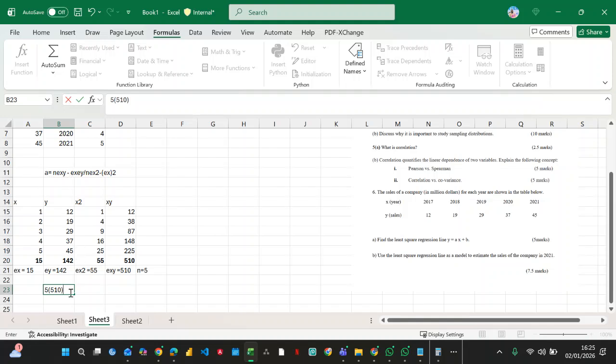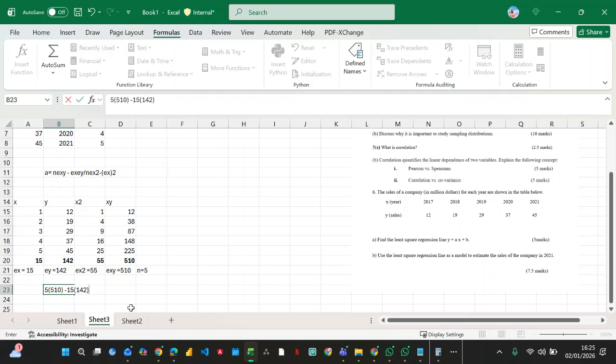Now for me to get my B, I will say B is equal to the summation of x divided by n. So what is our summation of x? 15.